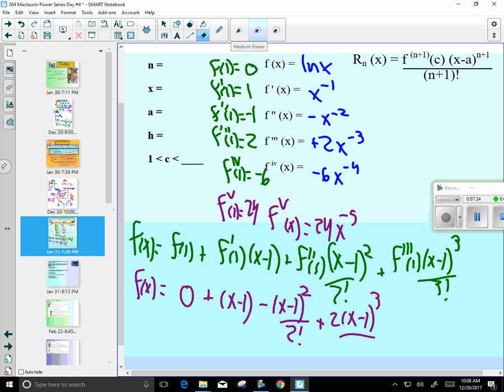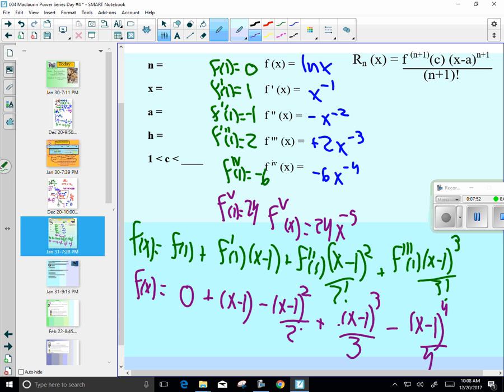It's just 3, so you can zap these if you want. And you'll get over 3. The next one is going to be minus what? What do you think? Look at the pattern. Minus, plus, minus, x minus 1 to the 4th over 4. And if we did go one more, it'd be plus x minus 1 to the 5th over 5.